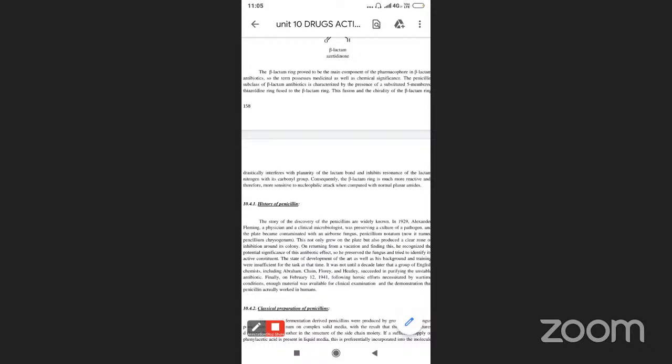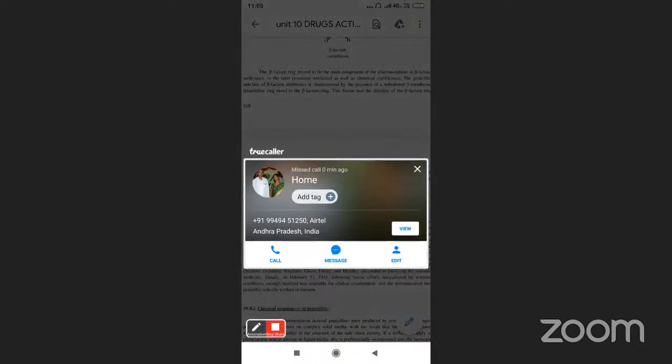He's a microbiologist, and he wanted to develop a bacterial culture in the lab. Generally, they develop the bacterial culture in a petri dish.